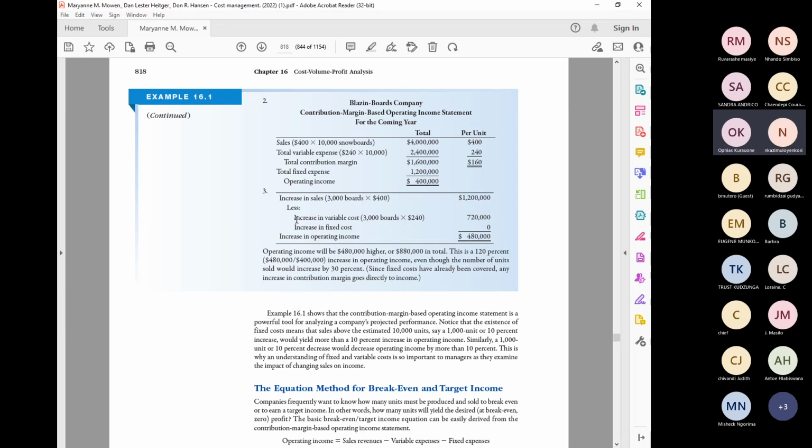If you increase the number of sales, let's say you are doing target costing, you are also supposed to increase the variable cost, because you are supposed to produce more. Both go together. Don't just increase only sales. You should also increase the cost.